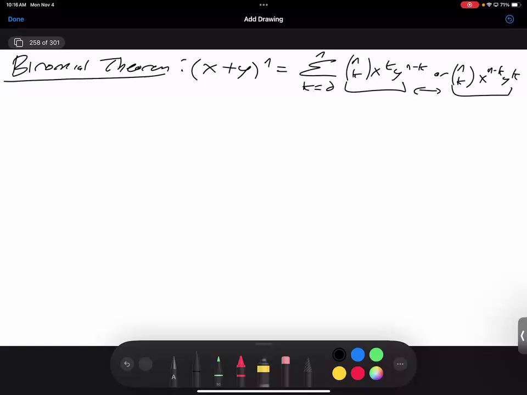I could use either one. It makes no difference because of the very first result we proved, that n choose k is the same as n choose n minus k. One way you can look at this is basically proof by story.